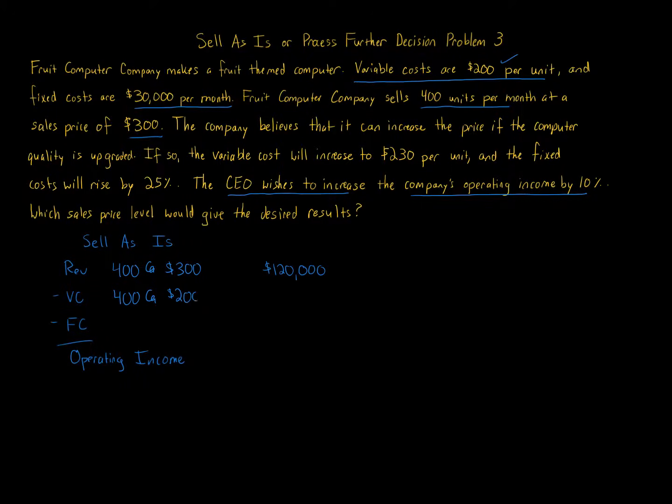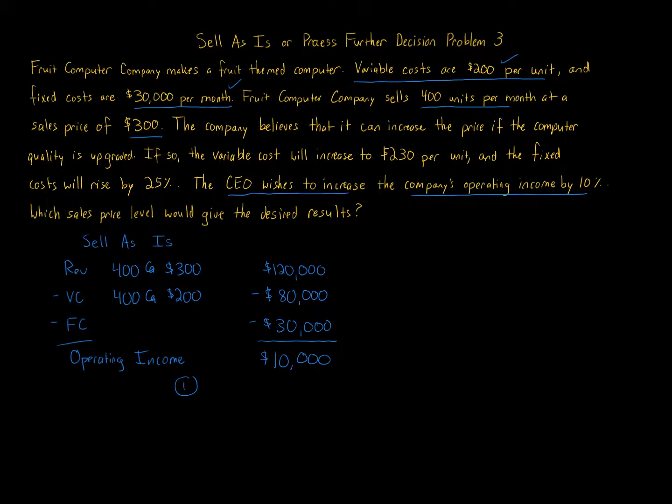That's going to be $80,000. Fixed costs, we're told, are $30,000 per month, and we're doing this on a monthly basis. So we just bring that over and subtract away the $30,000 of fixed costs. We get our operating income, which is going to be $10,000.